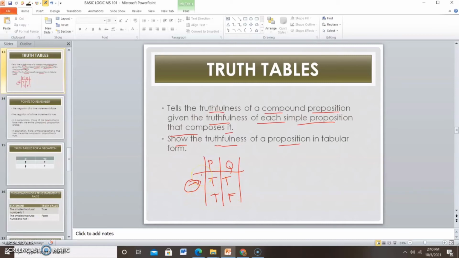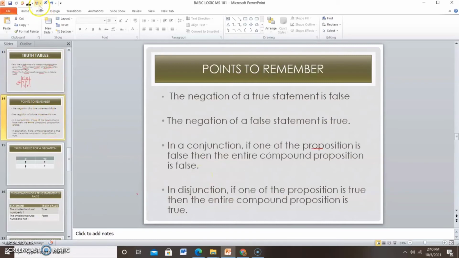Next, points to remember. The negation of a true statement is false. So in negation, true, its opposite, equals false. And the negation of a false statement is true. So false, its opposite is true.